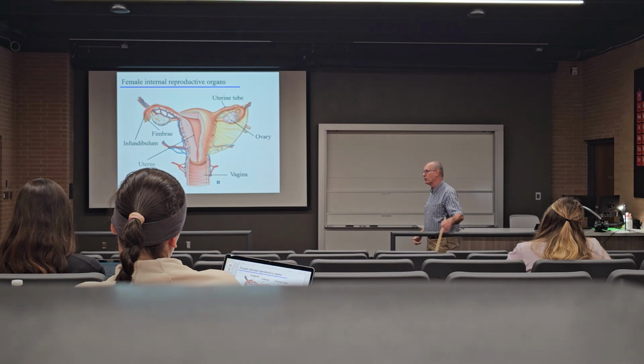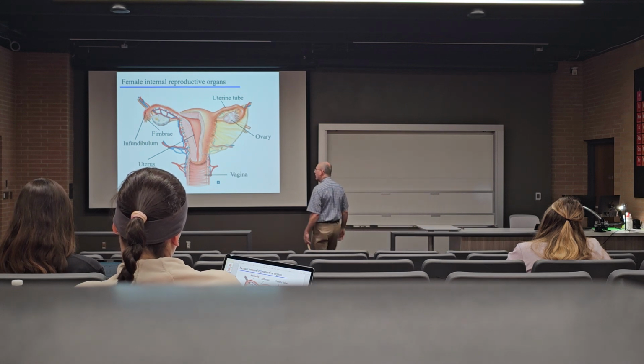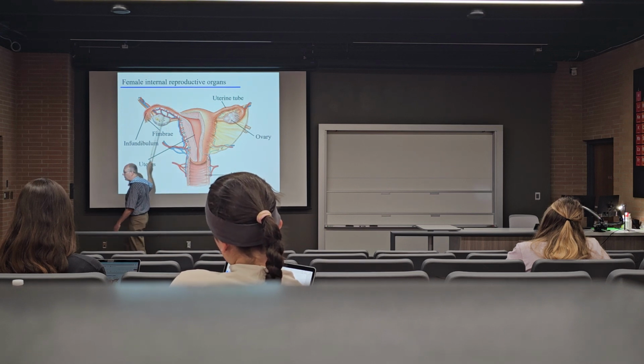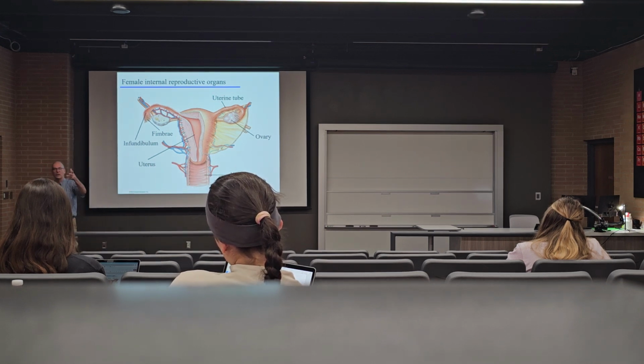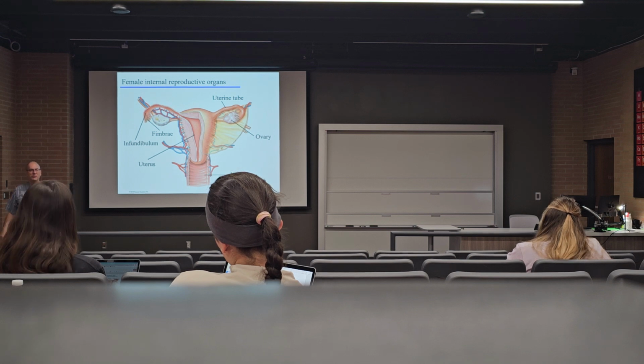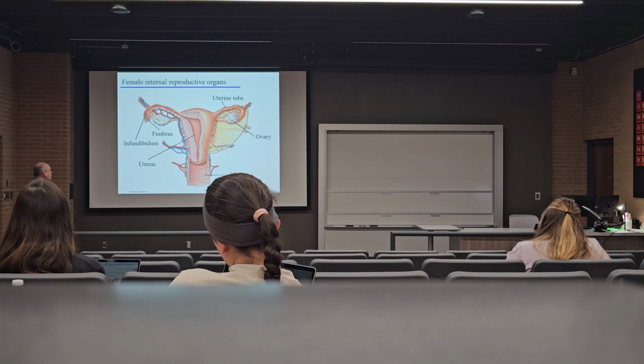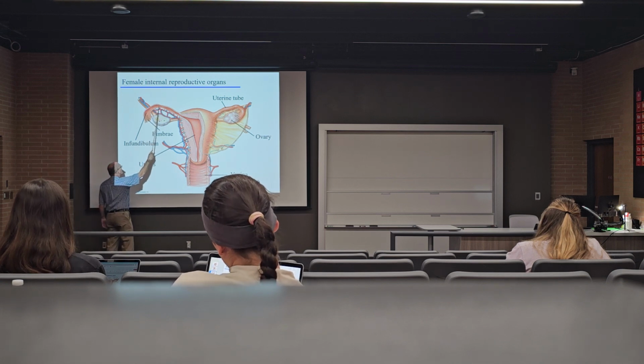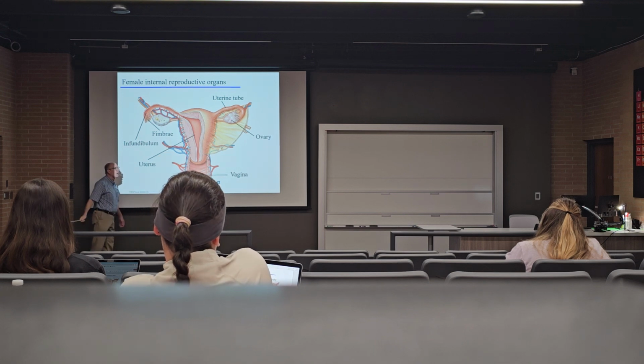We also see peristaltic contractions of the uterine tubes. So we set up the current through peristaltic contractions and movement of the cilia to help get the egg into the uterine tube.